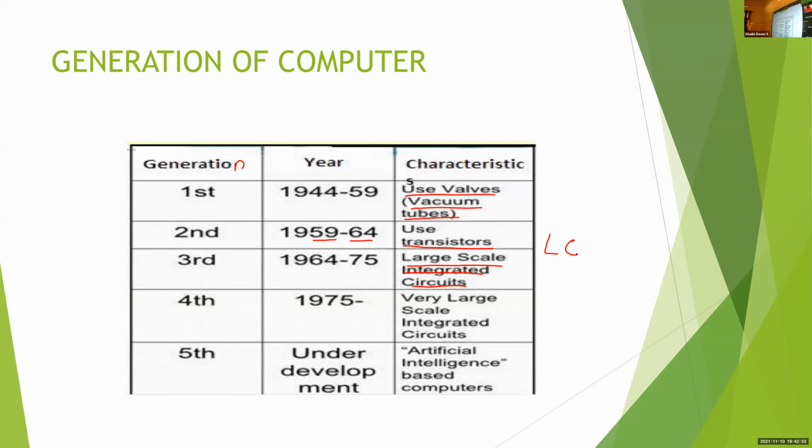Fourth generation is from 1975 onwards. It used very large scale integrated circuits. And the last one is fifth generation. It uses artificial intelligence based computers. Using Python, we can implement this artificial intelligence very easily. So this is the summary of generation of computer.